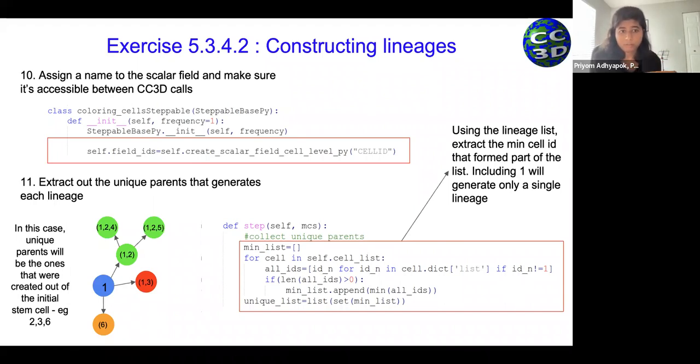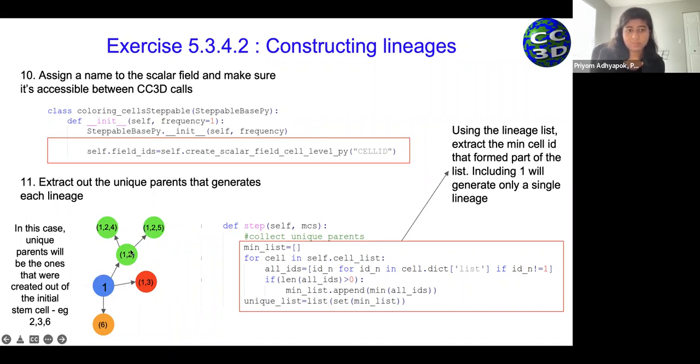The basic goal is, for all these lineage trees that we have created, to understand what is the starting parent that they came from. For example, this tree, which has made this cell, which came from the starting cell of 1, versus this cell, which came from 1 to 5, the parents of all of these cells would be 1.